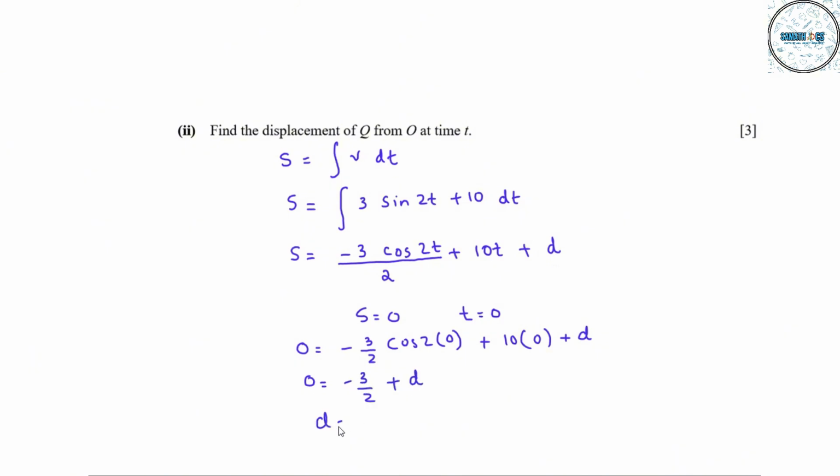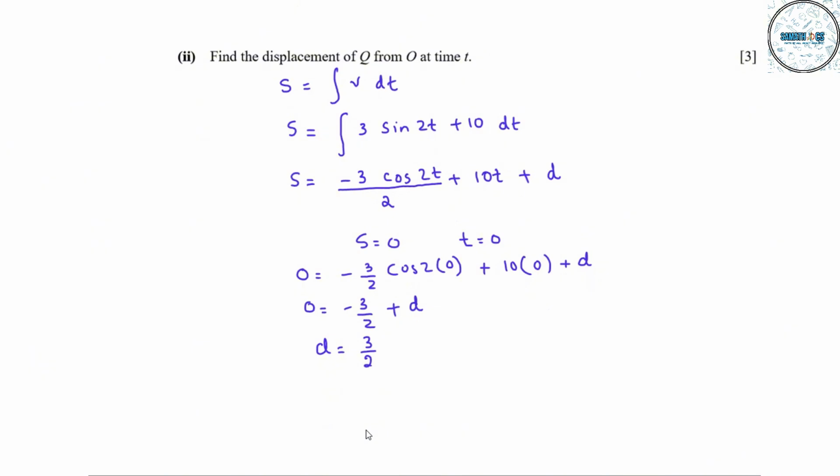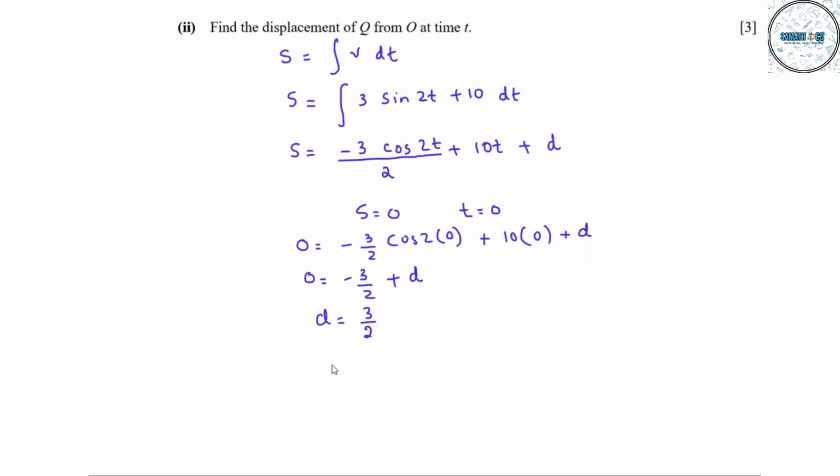So d is equal to 3 upon 2. So we have final equation of displacement as S is equal to minus 3 upon 2 cos 2t plus 10t plus 3 upon 2.